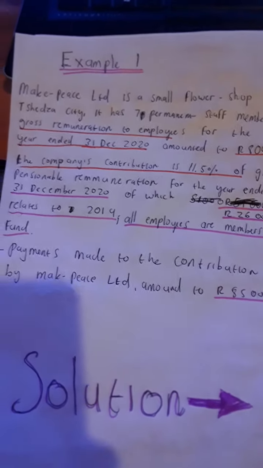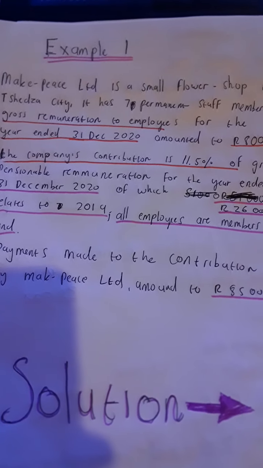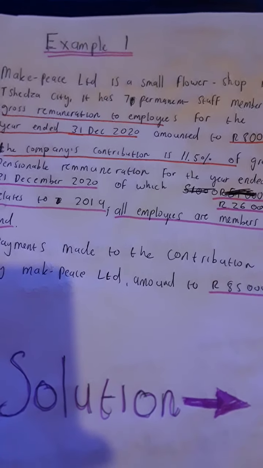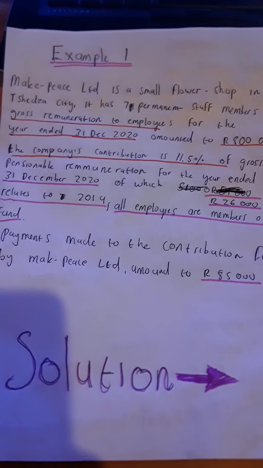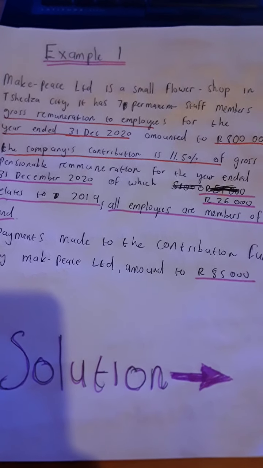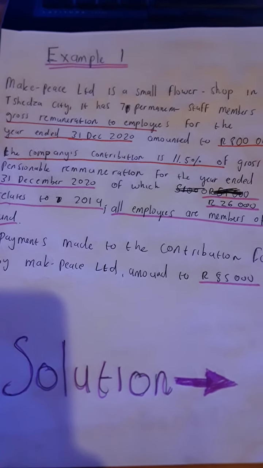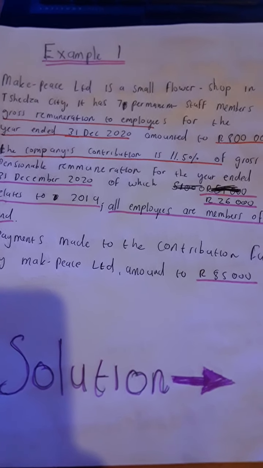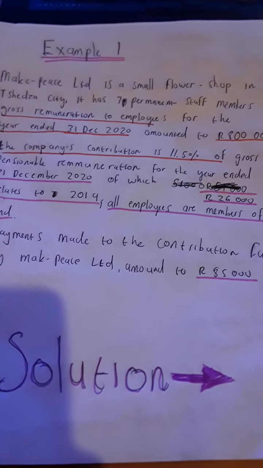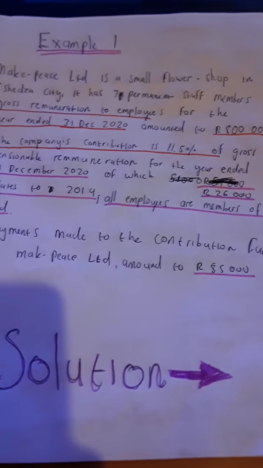We've got Make Peace Ltd, a small flower shop in Chedza City. It has 7 permanent staff members. The gross remuneration to employees for the year ended 31 December 2020 amounted to 800,000.